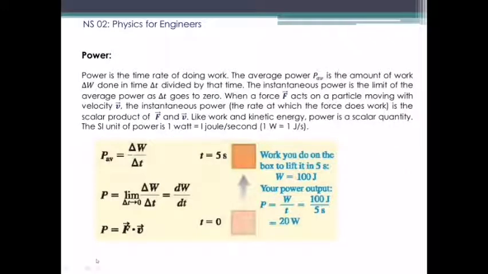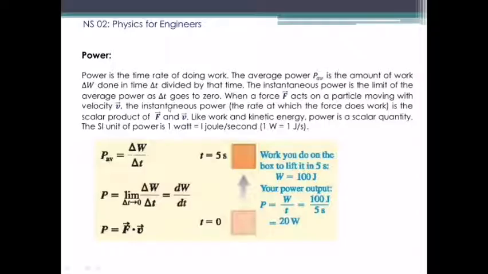Okay, next we have, last, the power. Power is the time rate of doing work. So these three, class, work, energy, and power, are all scalar quantities. The average power is the amount of work done in time delta t, divided by the time delta t.